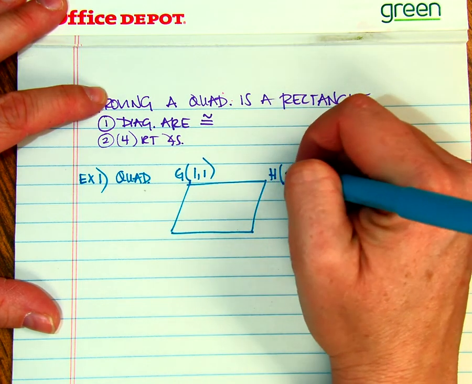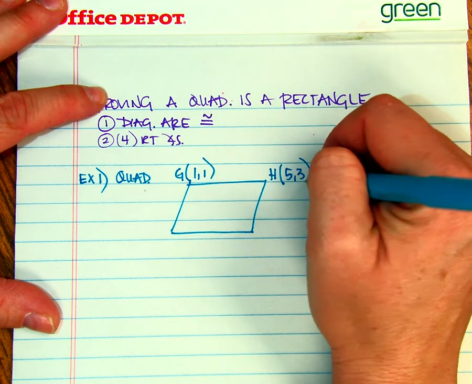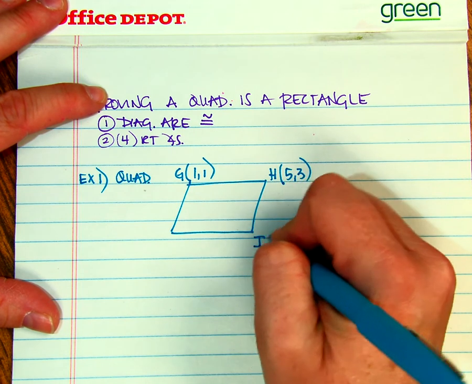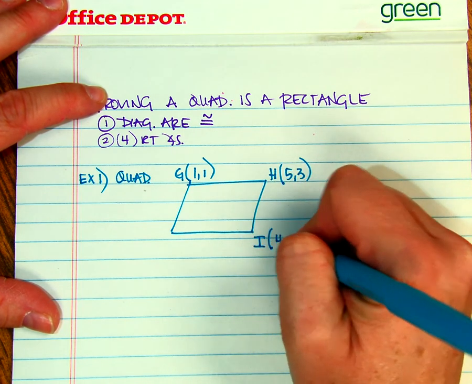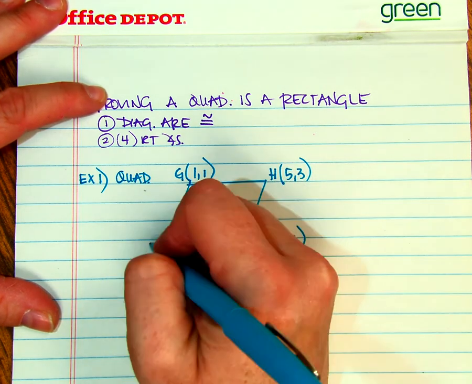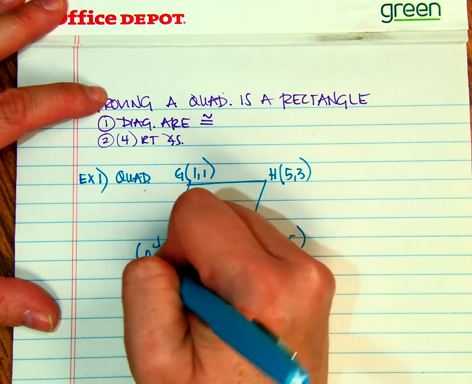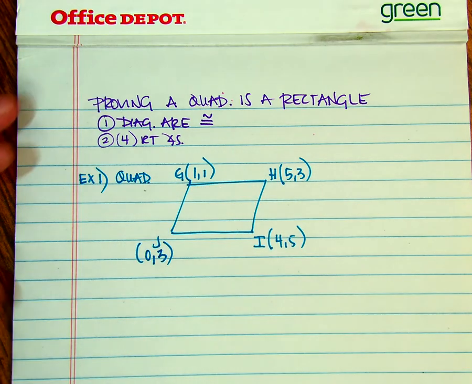H is at the ordered pair of 5, 3. I is the ordered pair of 4, 5. And J is the ordered pair of 0, 3. So we are trying to prove that this is in fact a rectangle.